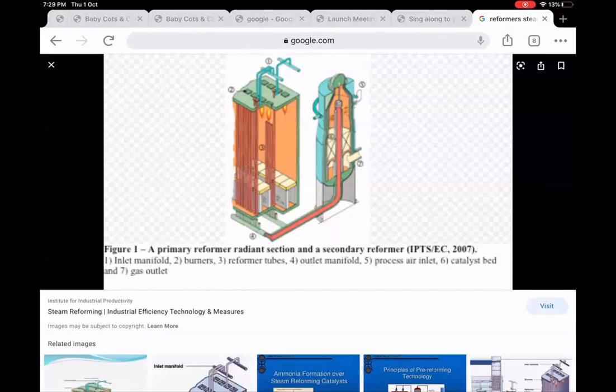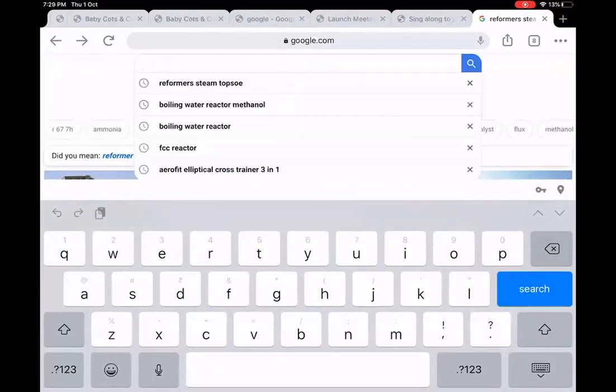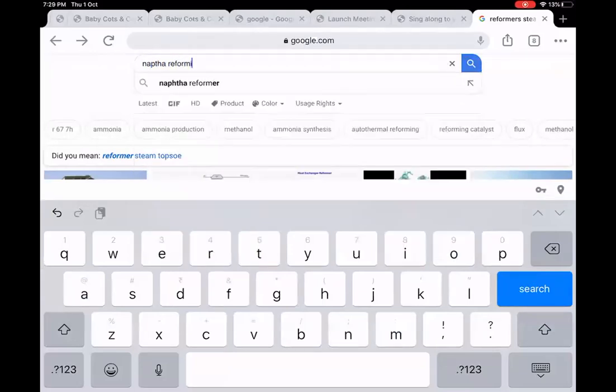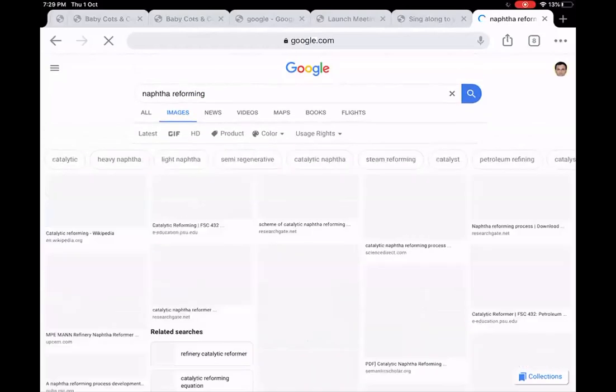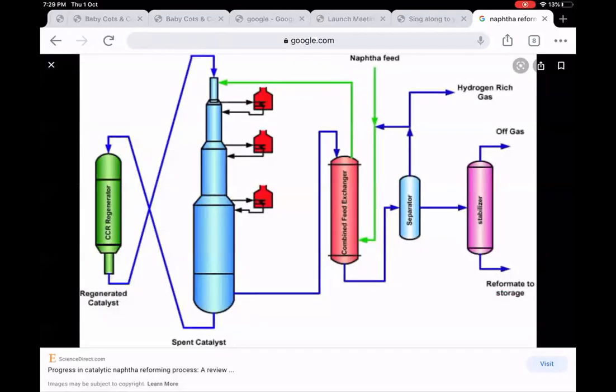I have shown you FCC type of reactors. Then I'll show you another example, which is naphtha reforming. That is where another type of reactor comes into the picture. The naphtha reforming is this type of reactor.